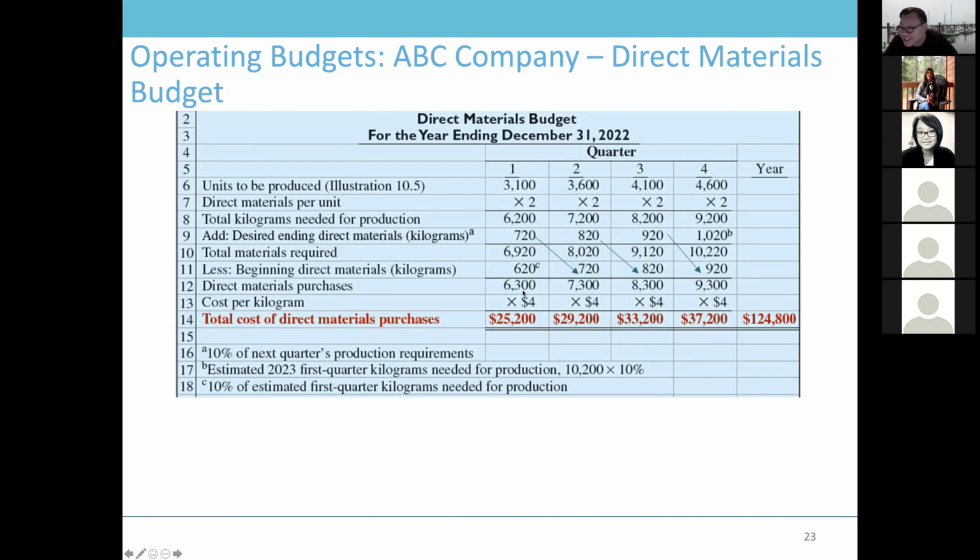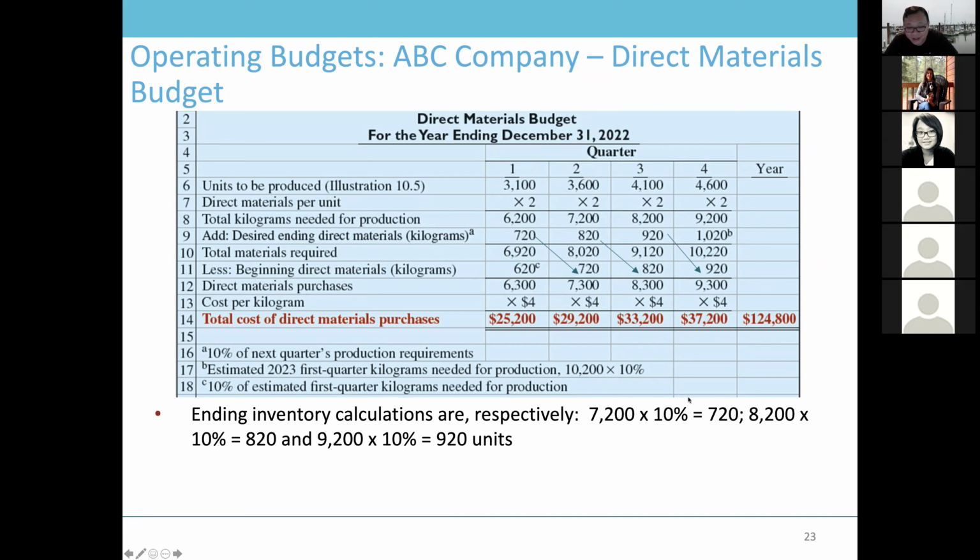So I had to purchase 6,300, right? That's how much materials I need to purchase, kilograms. And each kilogram costs me $4. So this number times 4, that's my 25,200 for quarter 1, right? So same idea, you can calculate what's your quarter 2, quarter 3, quarter 4, okay?